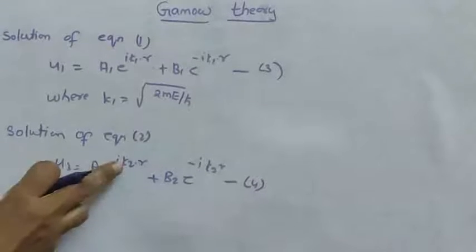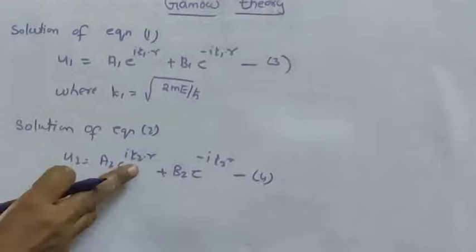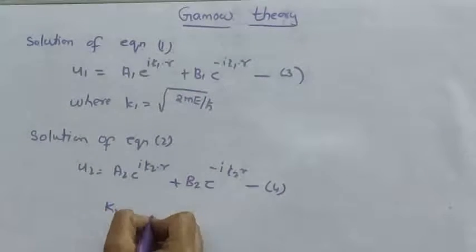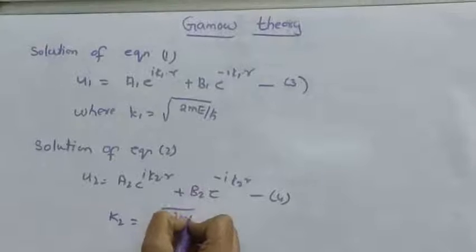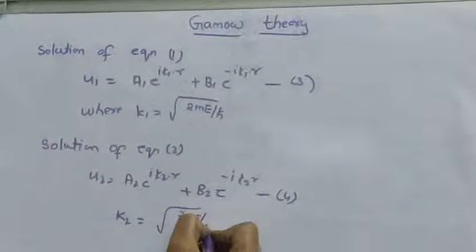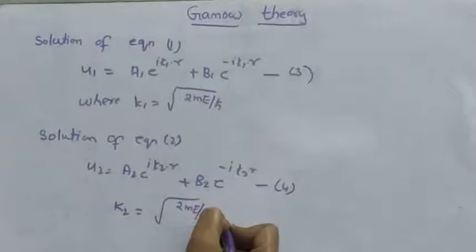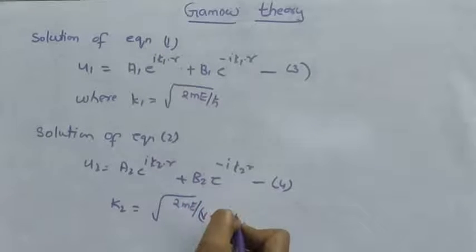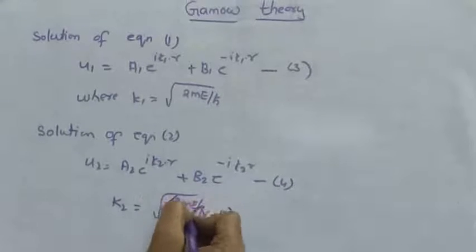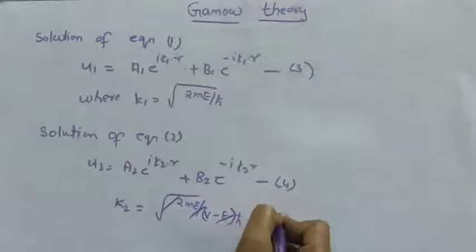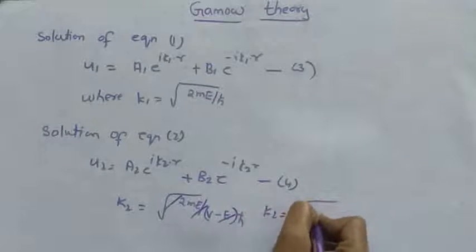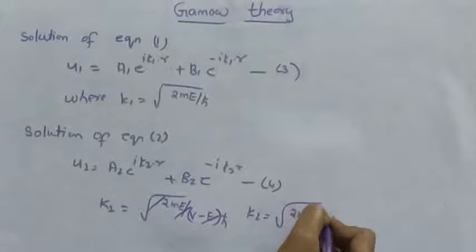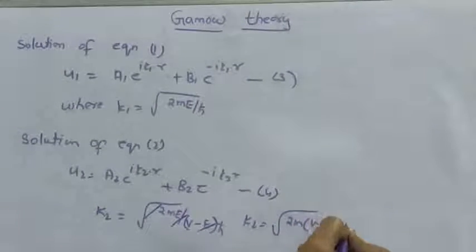Here k2 is the wave vector, given by k2 = √(2m(V − E))/ħ.